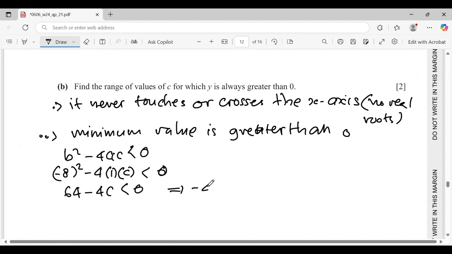Means minus 4c less than minus 64. So c greater than minus 64 divided by minus 4, which is 16. So c greater than 16.